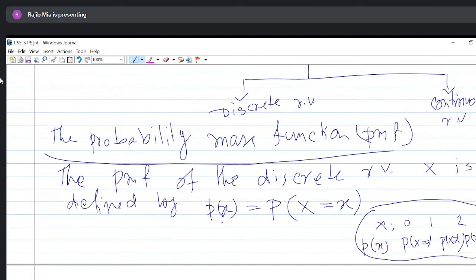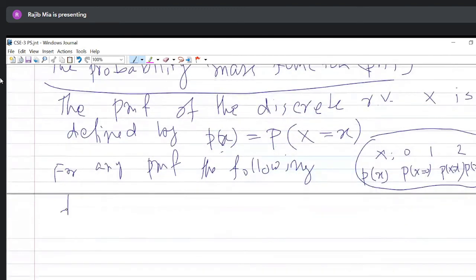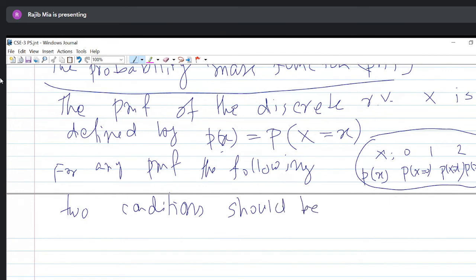That is, for any PMF the following two conditions must be satisfied.